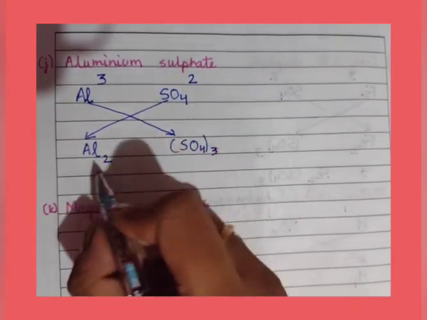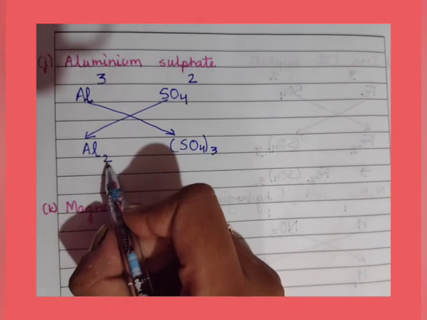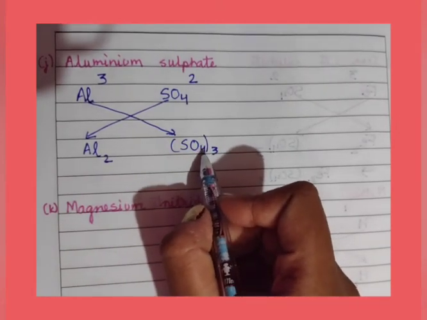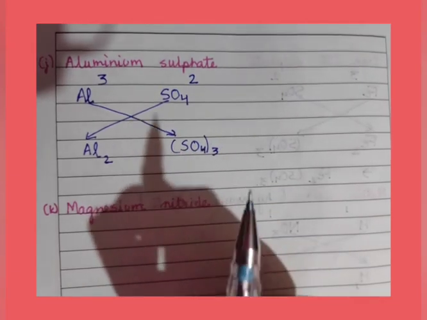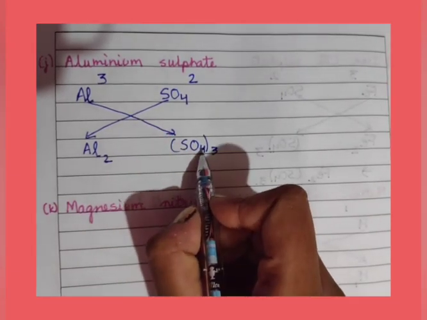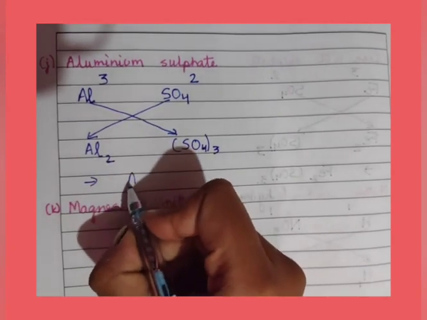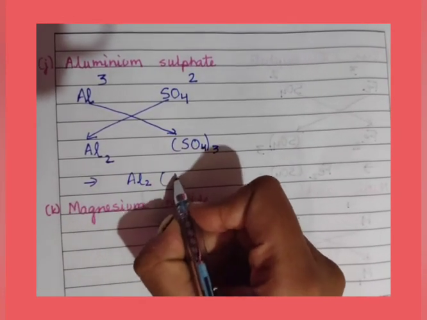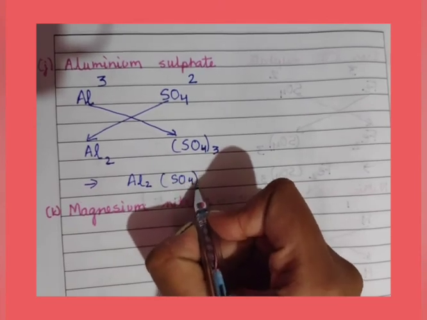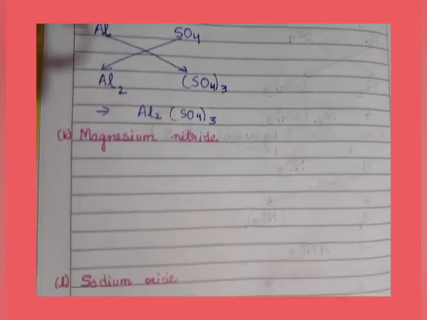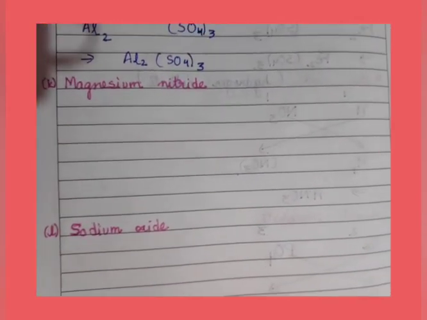So here also don't make that mistake. We cannot take the common factor of this 2 and SO4 from here, because it is a polyatomic ion which acts as a single unit. So what is the formula? Al2(SO4)3.